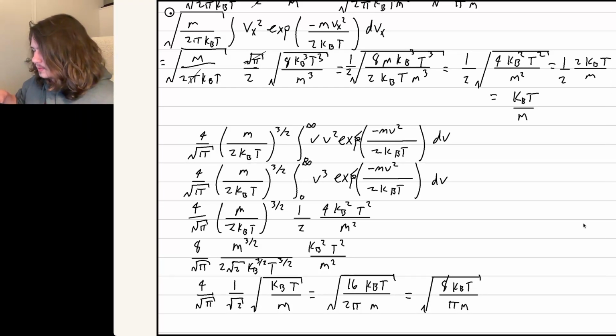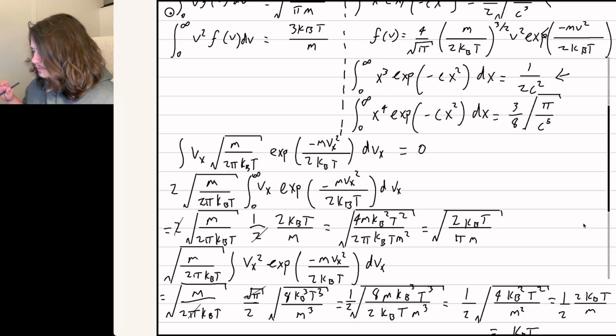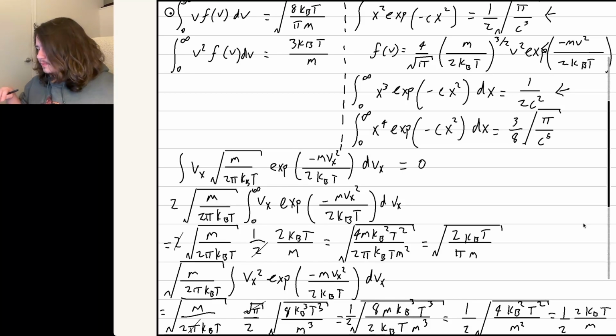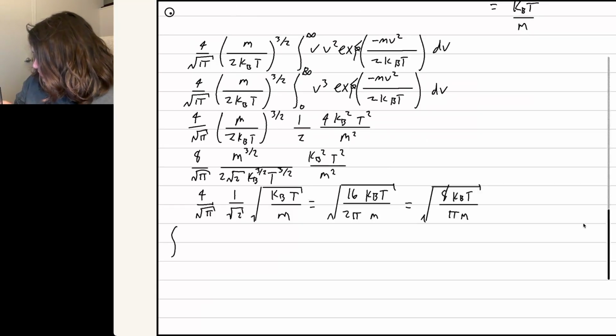Next integral was 0 to infinity v squared f of v dv. So we're pulling all the prefactors out first.